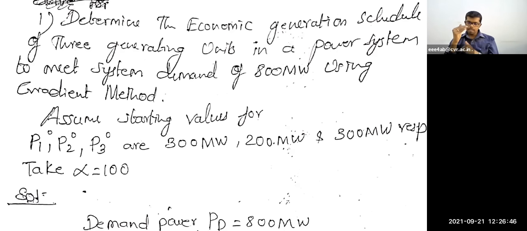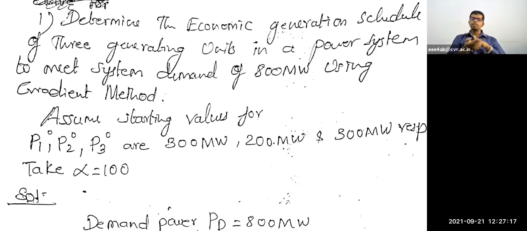Sometimes, based on the installed capacity, they can give ranges, from 400 megawatt to 500 megawatt, or 500 megawatt to 1000 megawatt. Like that, some values might be given, and within those values you have to choose. In some other problems, they directly assume, say, the installed capacity of a particular plant might be 300 megawatt.